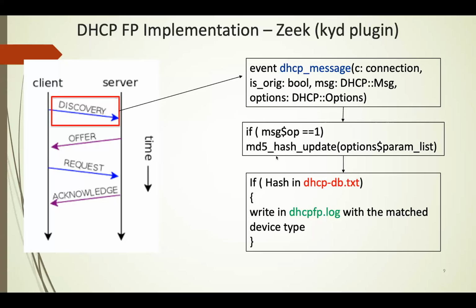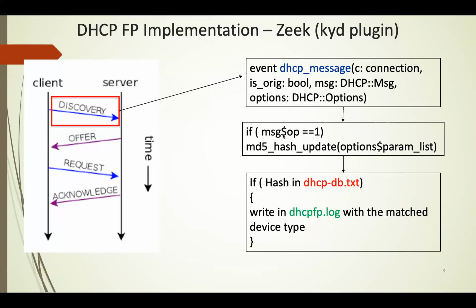And what we can do is see whether it's a discover message or not. There was a complete rewrite of the DHCP protocol analyzer last year, and it completely rewrote all parts of the DHCP protocol. Previously, for each individual kind of DHCP packet, there was an individual event. For example, for DHCP discovery, there was an event called dhcp_discover.